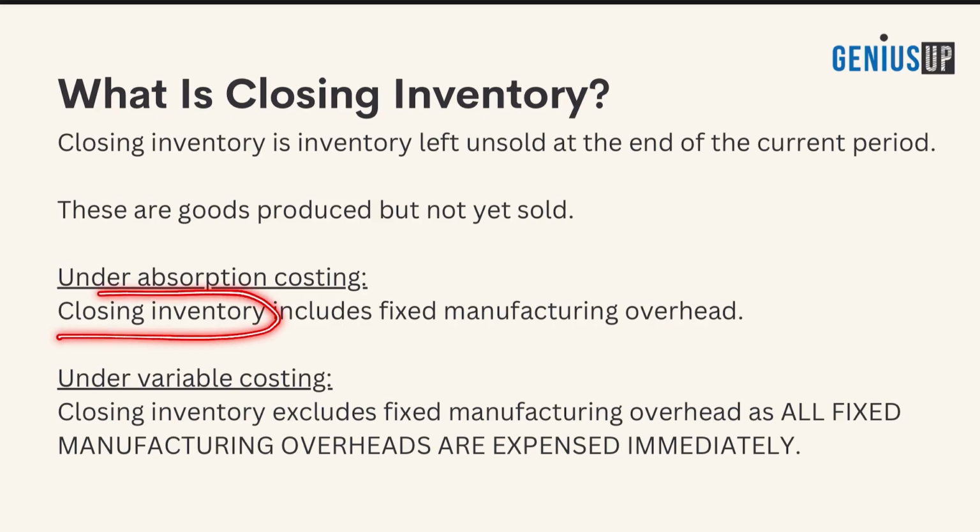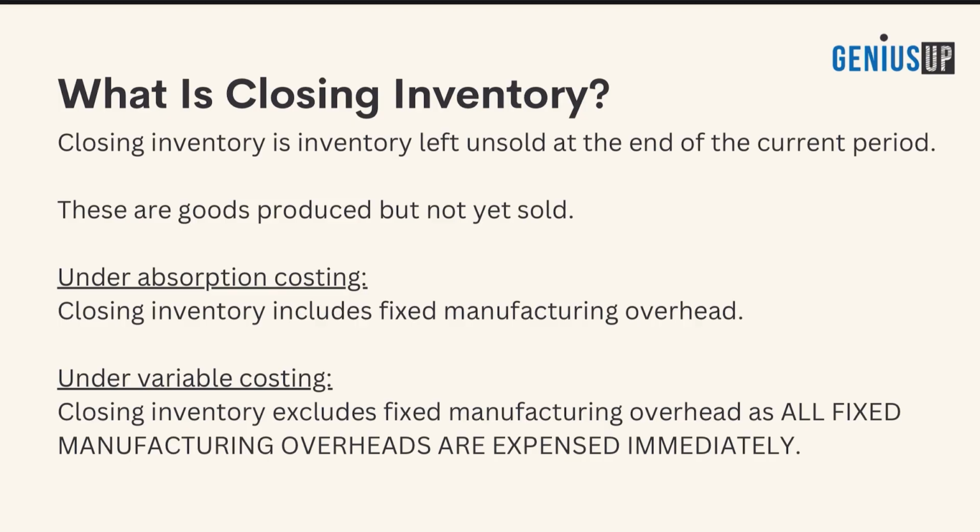Hence, they're going to sit under closing inventory, depending on how much was allocated to each unit. Under variable costing, closing inventory excludes fixed manufacturing overheads, as all fixed manufacturing overheads were expensed immediately in the current period.